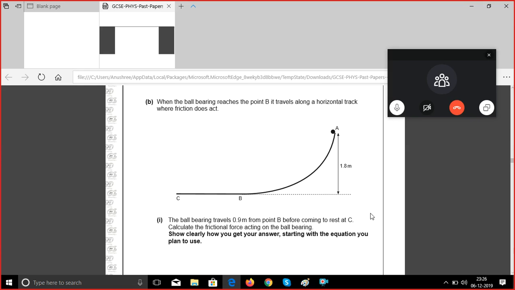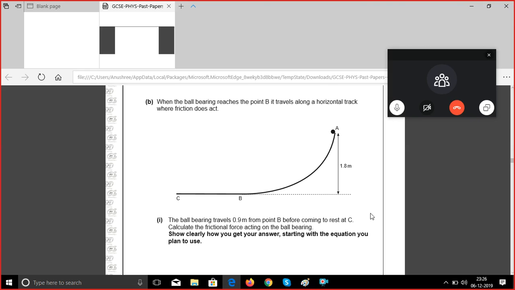So work done equals force times distance.